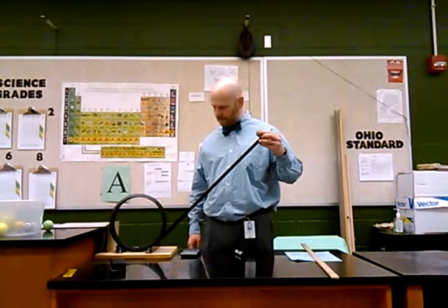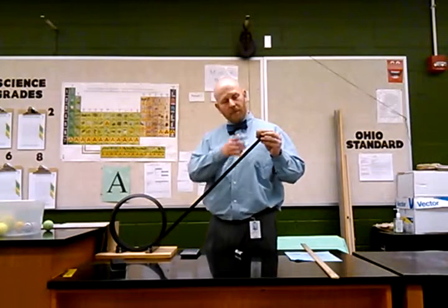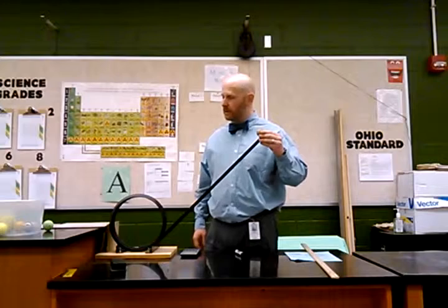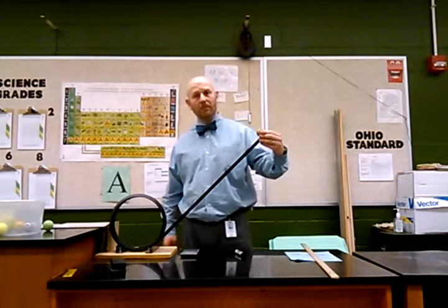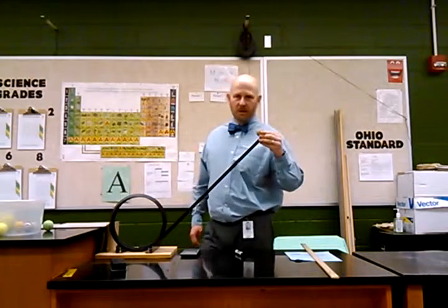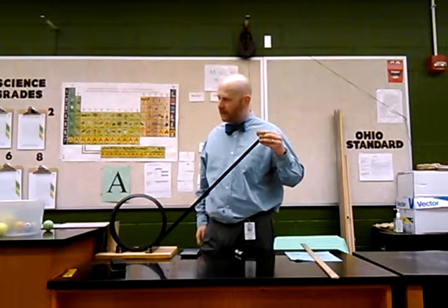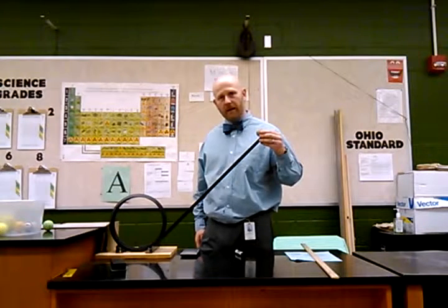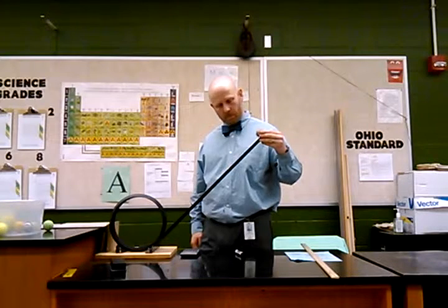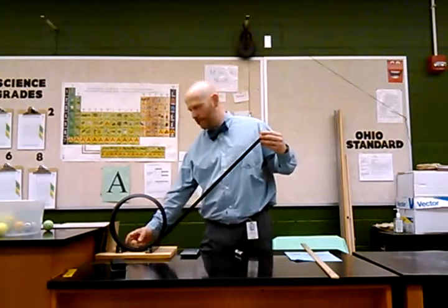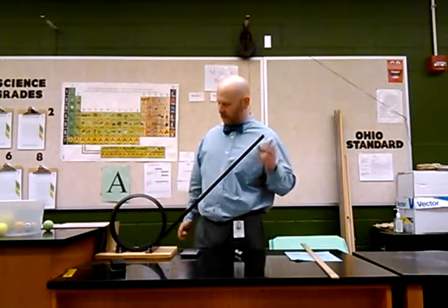Let's try it. We now have the mass of 0.0201 kilograms multiplied by the constant of G, which is 9.8 meters per second squared, and we are at a height of 0.45. So we will let this go. And you can see we had plenty of energy to complete this circuit.